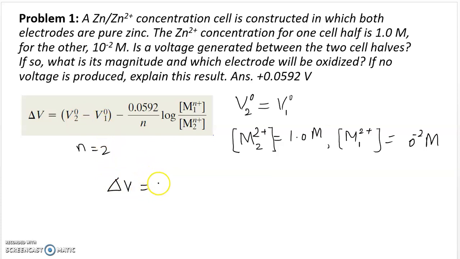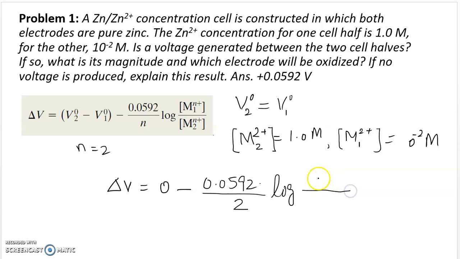V2 minus V1 is 0, minus 0.0592 divided by 2, times the log to the base 10 of 10 to the power minus 2 over 1.